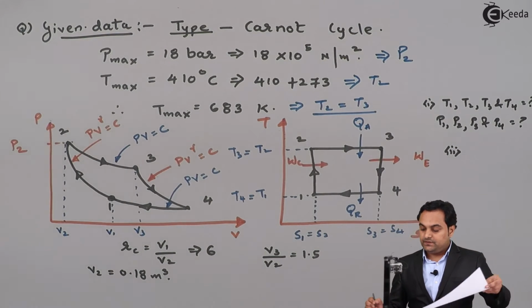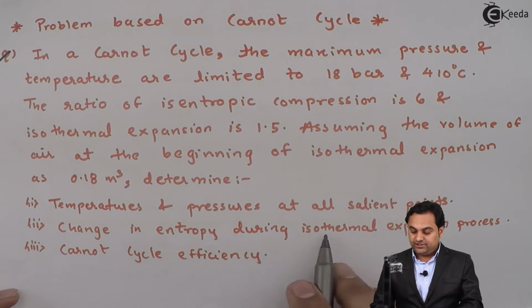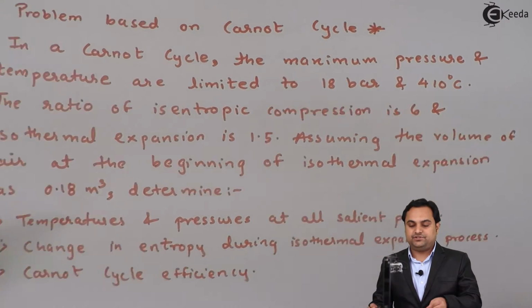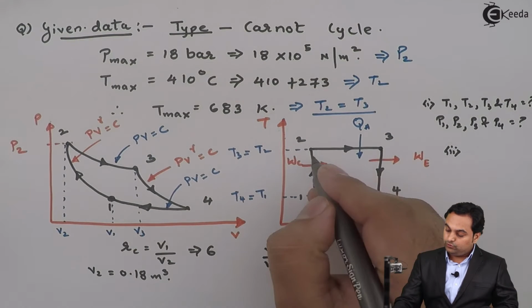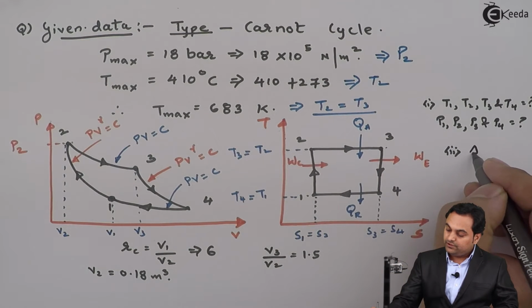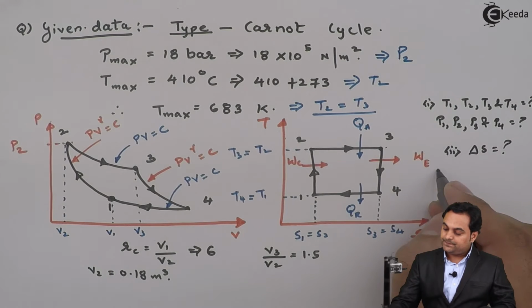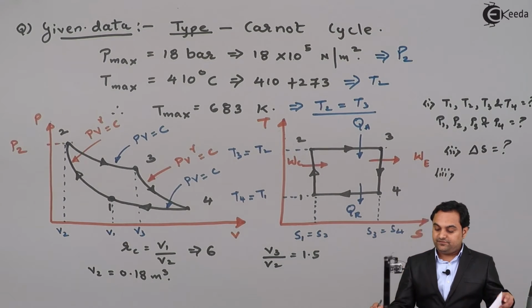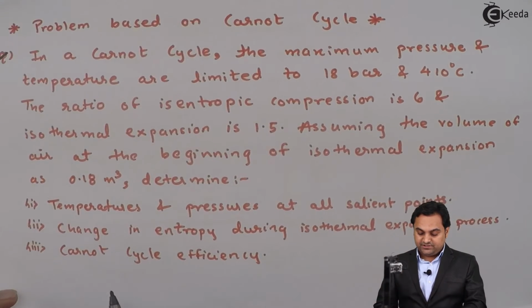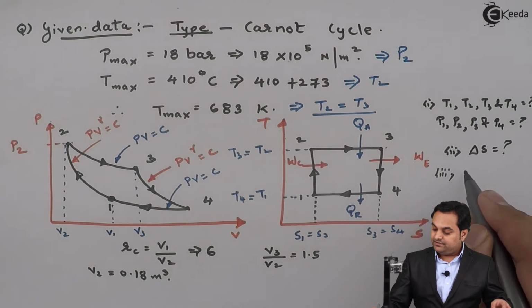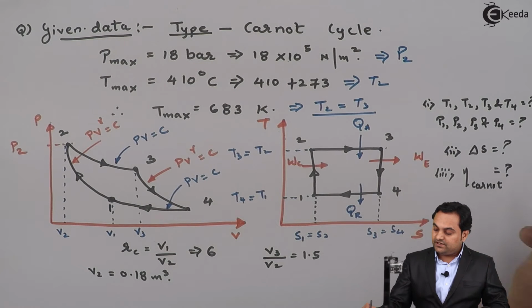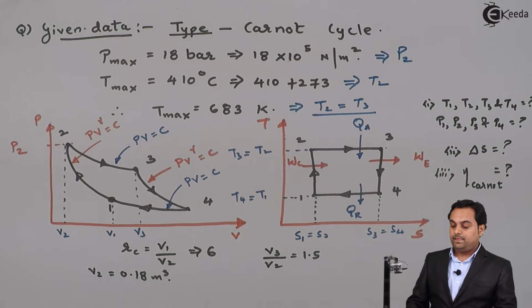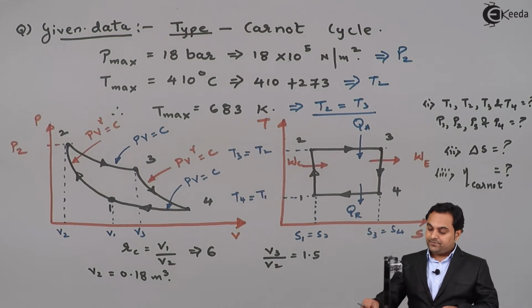Next, the second question is the change in entropy during the isothermal expansion process, which is from 2 to 3. So for the 2 to 3 process we have to find the change in entropy delta S, and at last we have to calculate the efficiency of the Carnot cycle. So these are the questions which we have to solve. Now if we have understood the data, we can easily start with the solution part. So let us get started.